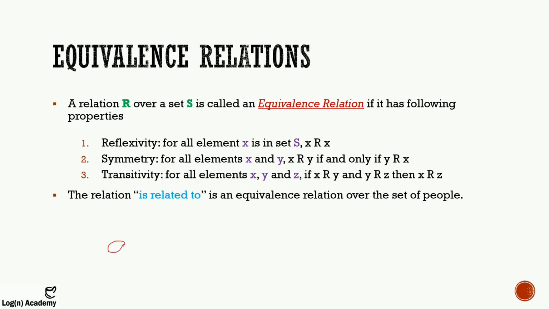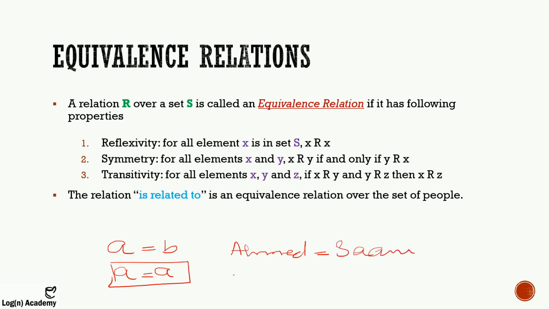Suppose I have A equals B, so I can also say that A is also equal to A, right? This will be true. Yes, this will be very true. So if I say Ahmad is a brother of Sam, I can say Ahmad also has a relation with himself.